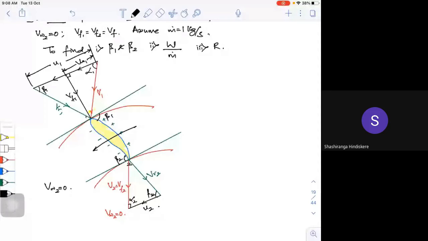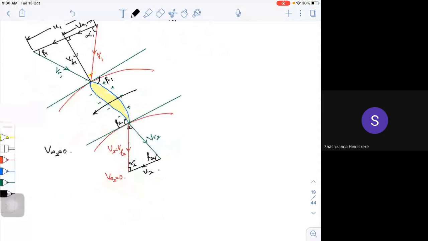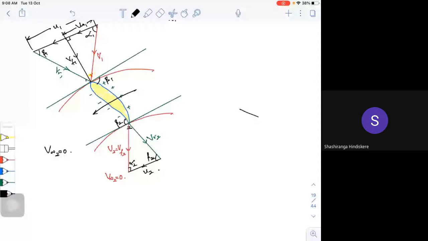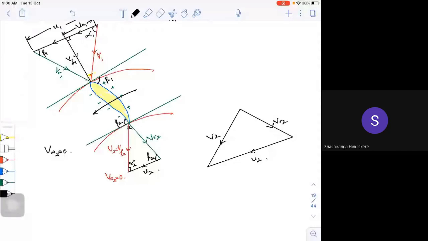Suppose VW2 is not 0, then what would have been my triangle? My triangle would have been like this: this would have been my VR2, this would have been my V2, and I would have got a U2 like this. Because my VW2 is equal to 0, this is pulled this way, such that the whirl component of velocity is zero.